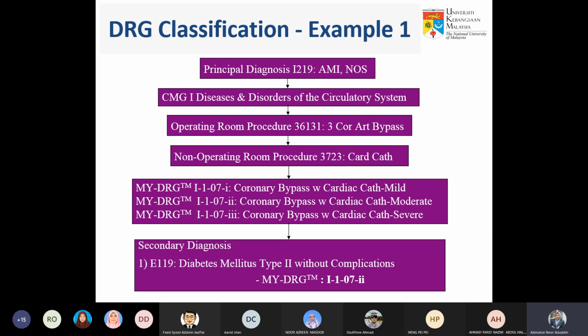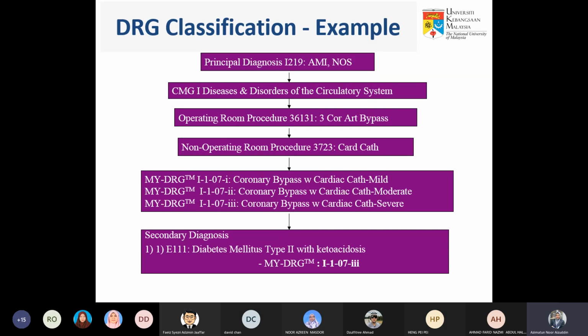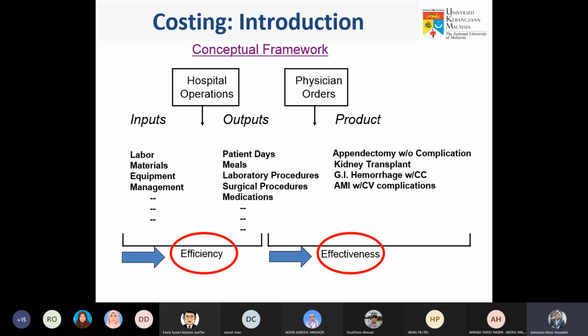Kalau cardiac pure without a comorbidity, so that mean dia adalah severity 1, itu mild. So ini contoh jika beliau mempunyai ketoacidosis, jadi jatuh kepada severity 3.